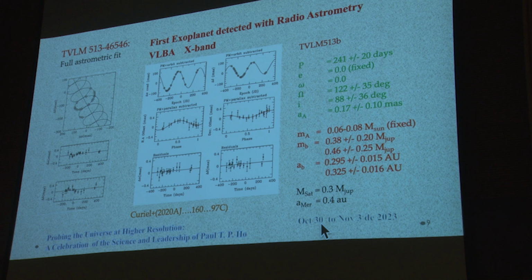In fact, what we found is a Saturn-like planet orbiting this very low mass star in an orbit closer, more compact than Mercury in the solar system. So it's a very compact orbit and a very low mass companion.